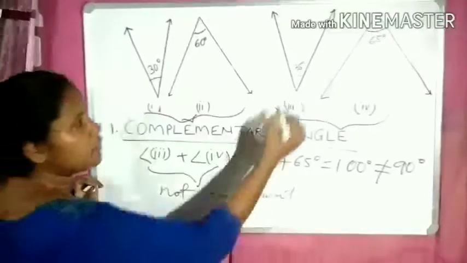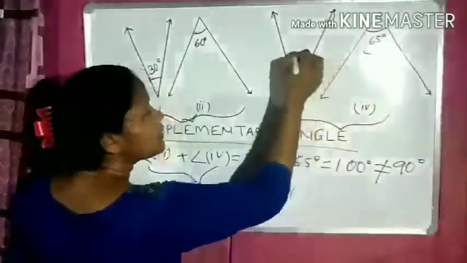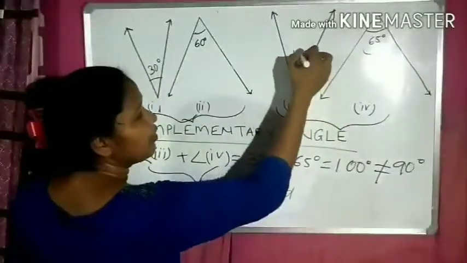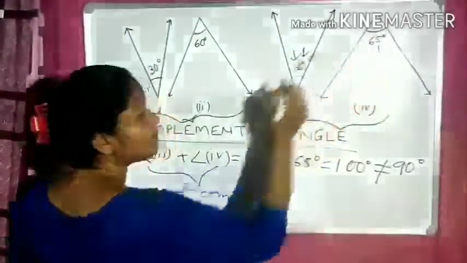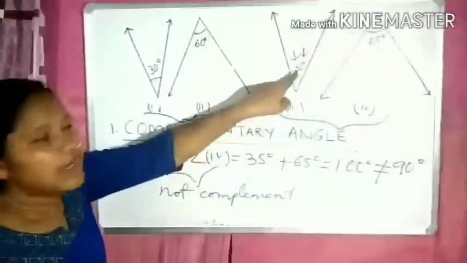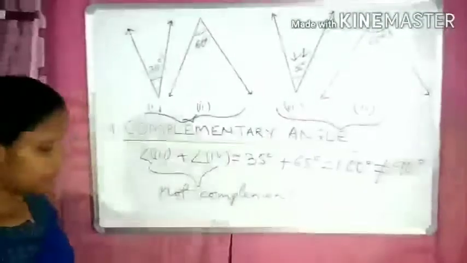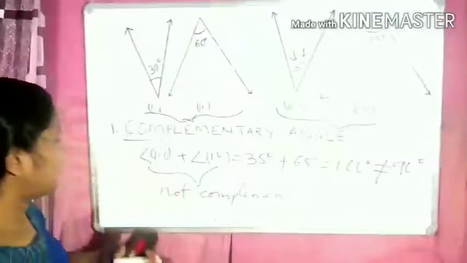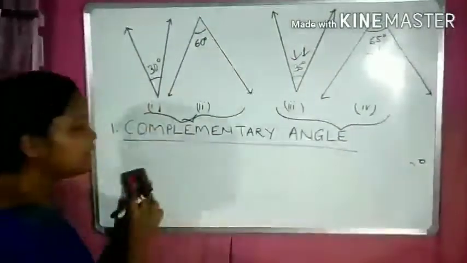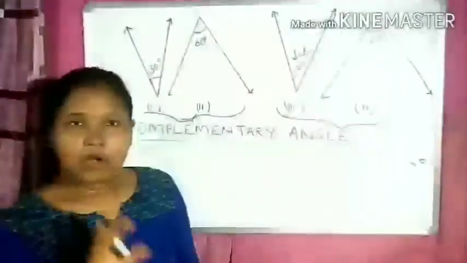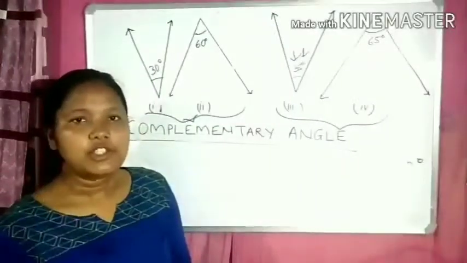If this 65 degrees is not complement to 35 degrees, can we find the complementary angle of 35 degrees? Yes, we can find it. How? We know the sum of two complementary angles is how much? 90 degrees.